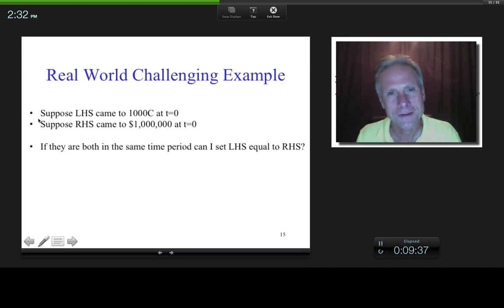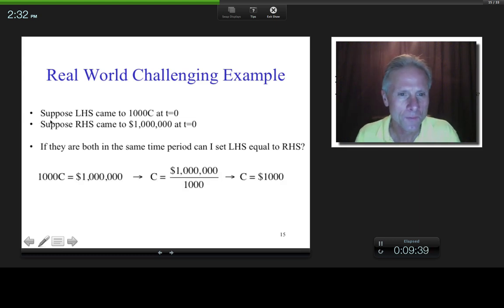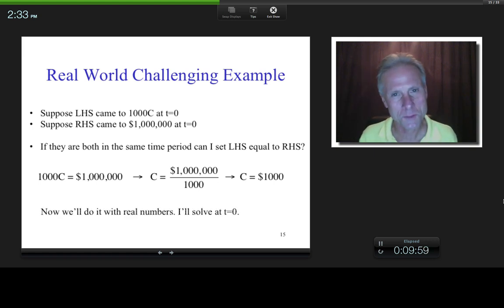I can, right? So in that example, we'd have 1,000C at time 0 equals $1 million. And at this point, it's just a question of solving for C. So divide both sides by 1,000, and C, a million over 1,000, comes to $1,000. So that's the big picture of this problem, and I just thought it'd be worth getting that across before we get into the real numbers.